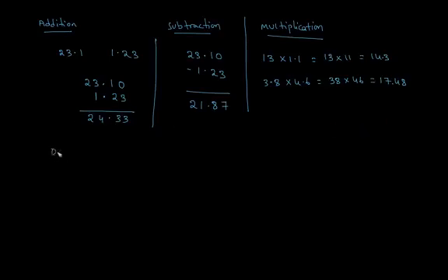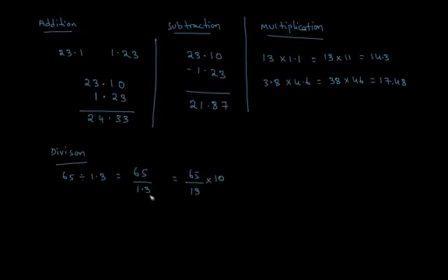Now division. How do you divide decimals, right? 65 divided by 1.3, right? See, very important. 1.3, so you have only one decimal place. So you need to remove the decimal and multiply by 10.